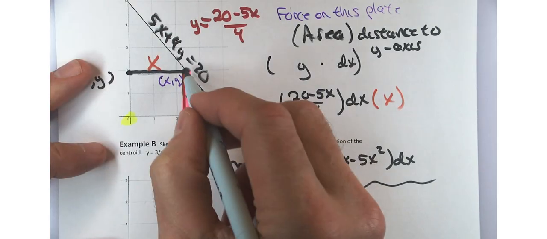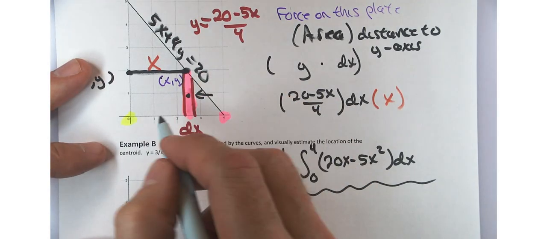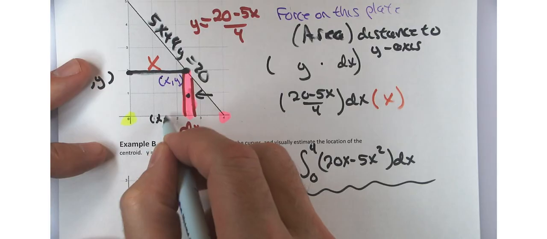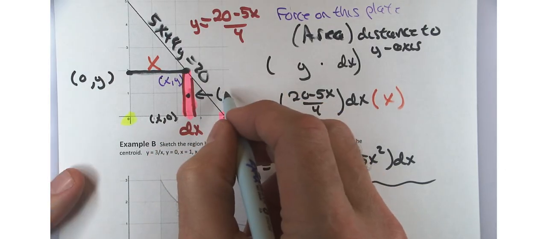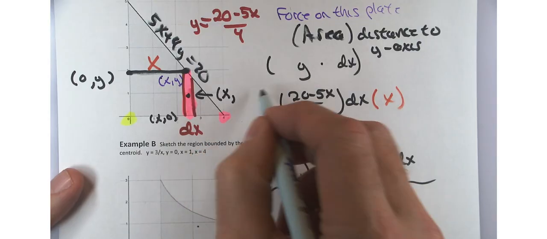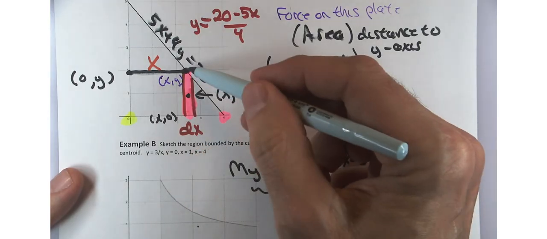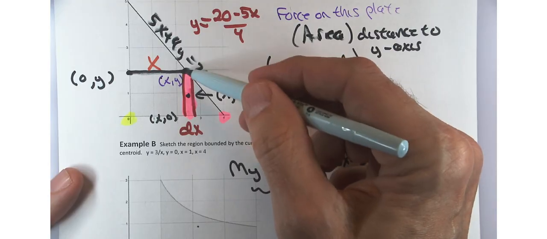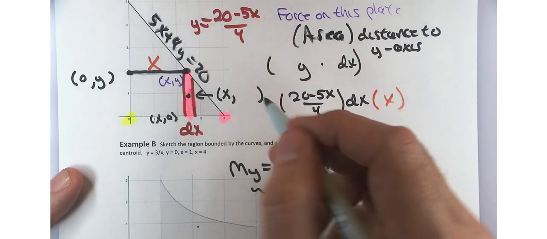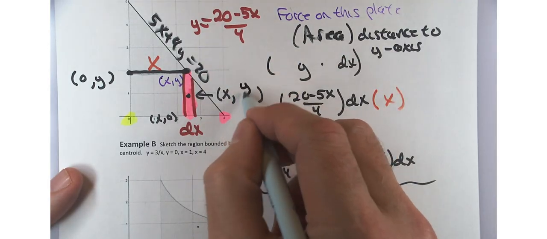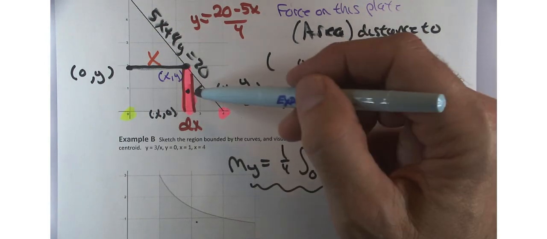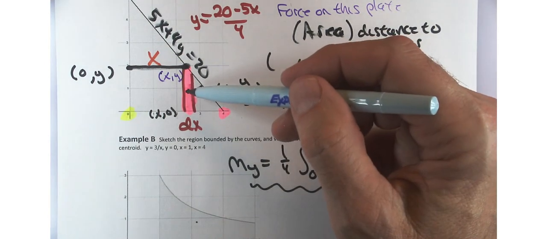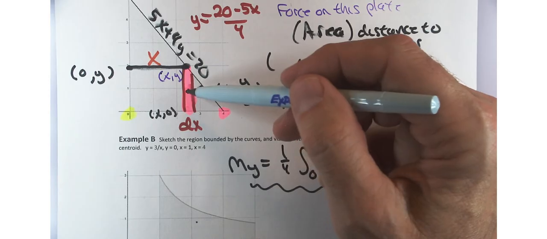Again, if this is x and y, this is going to be x and 0. What's the coordinate of that point going to be? Well, it's going to be half of this distance, right? Y divided by 2. That's where the force can be thought of as felt. Concentrate all that force there.